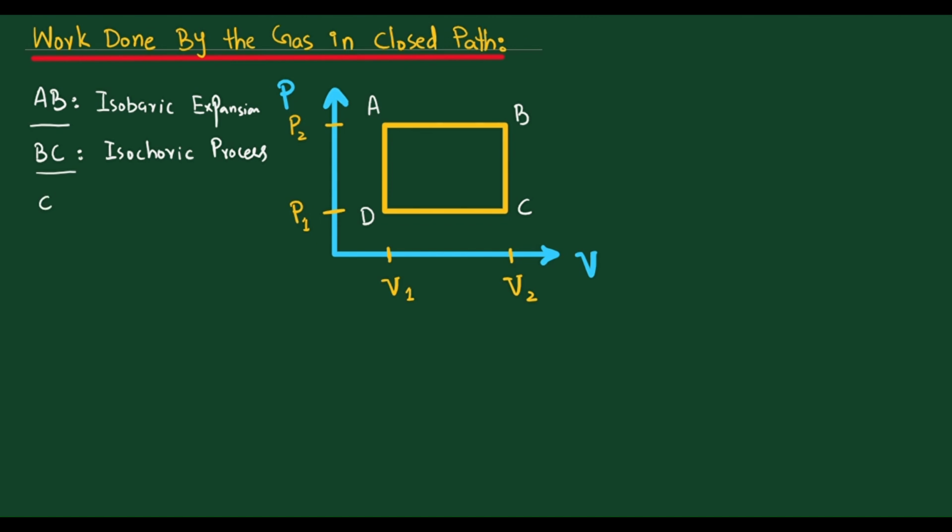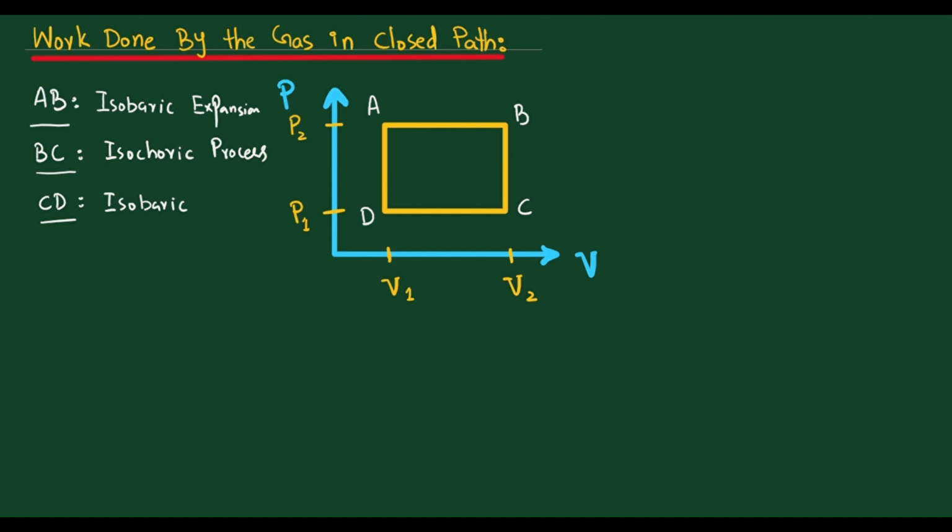And C to D or D to C: we see that the volume is decreasing and the pressure is constant. It is isobaric. If we move from C to D, then it is compression, but if we move from D to C, then it will be isobaric expansion.